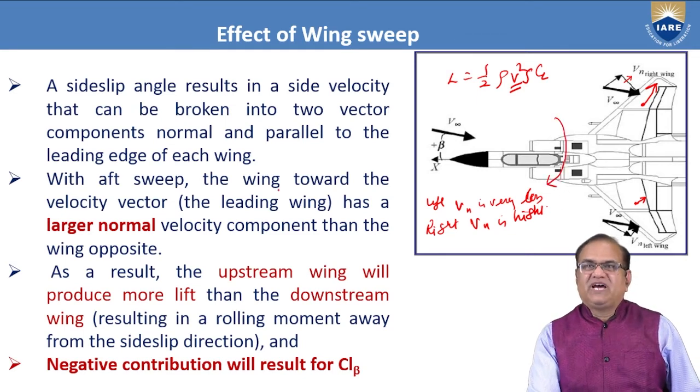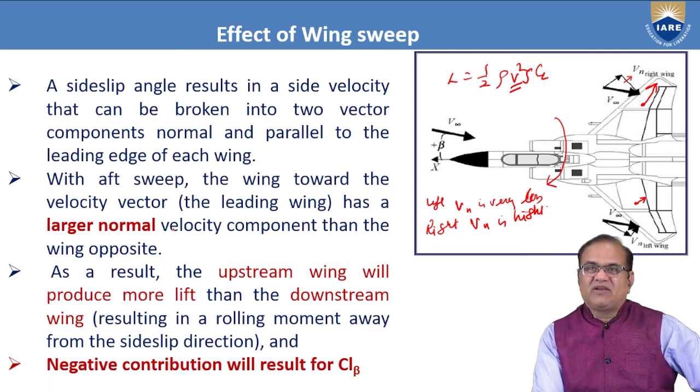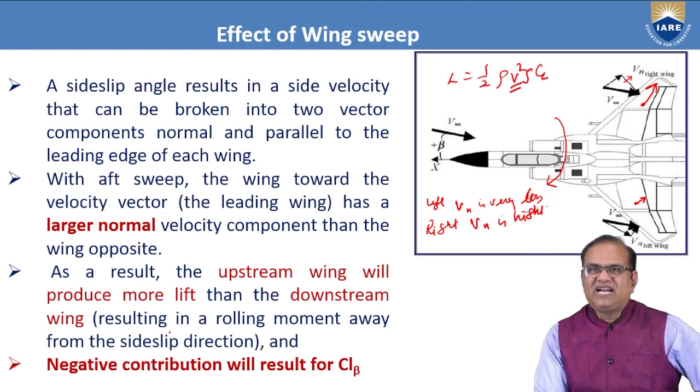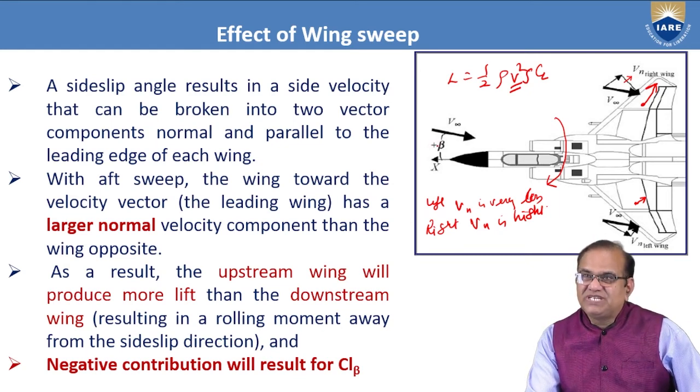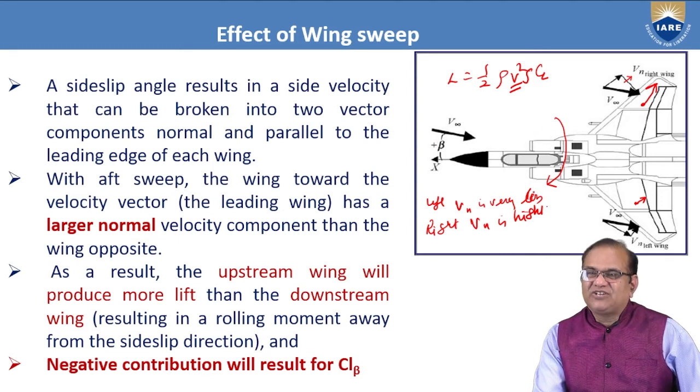With aft sweep, the wing towards the velocity vector, the leading edge, has a larger normal velocity component than the wing opposite. As a result, the upstream wing will produce more lift than the downstream wing, resulting in a rolling moment away from the side slip direction. So you see, it is positive beta, but CL is negative.